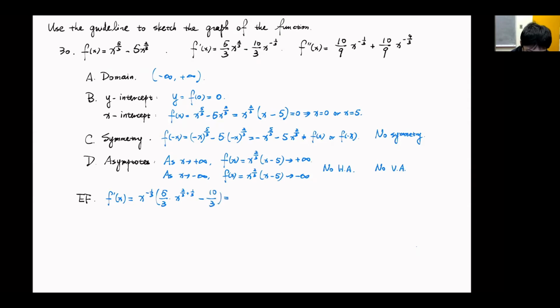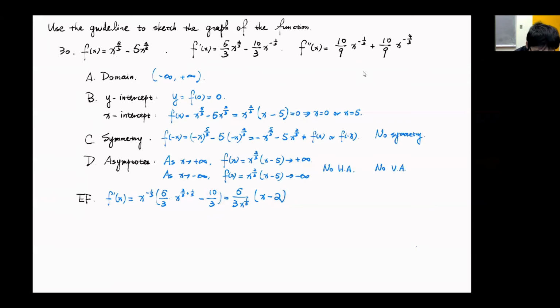So you see that I can still factor out 5/3 in addition. And moreover, this x to the minus 1/3 power, I can move it downstairs, so it ends up as x to the 1/3 power in the denominator. All right, so after this further factorization, what I get is going to be x minus 2, because if you factor out 5/3 from 10/3, what remains is going to be 2.